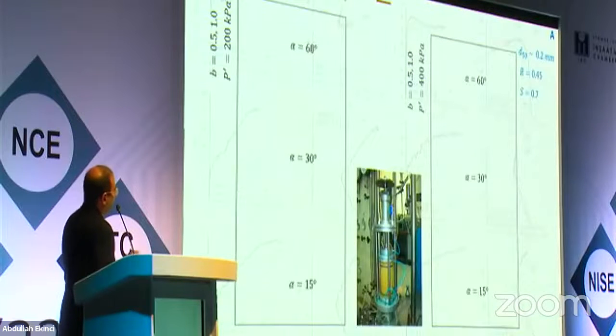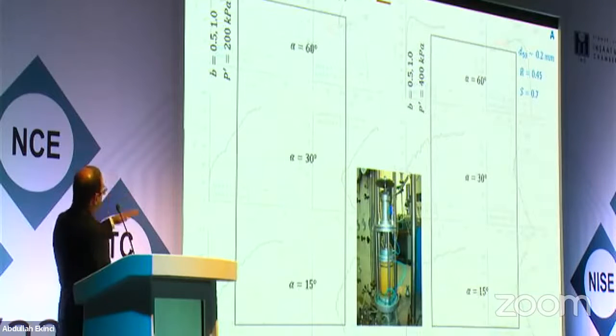We can look into the very same phenomena from the HCT perspective. So we have this hollow cylinder machine. I'm going to talk about again two sands, sand A and sand B. Again, same size, B rounder than A. The angle of principal stress is changed from 16 degrees to 60 degrees.